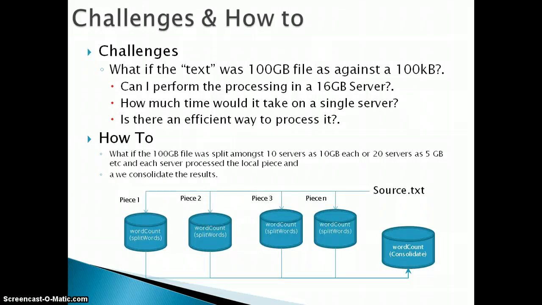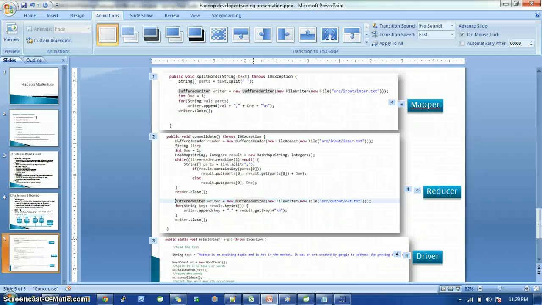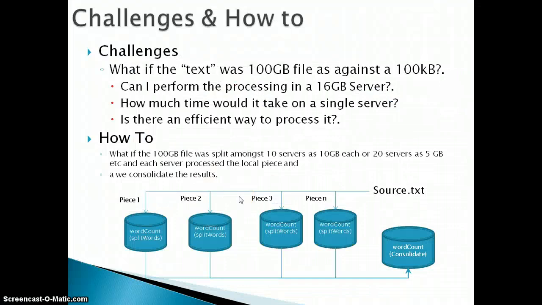The source file is split into multiple pieces and we run the split words method on each piece, which is 5 GB or less based on the number of servers you're considering, and take the output and run the consolidate on another server to achieve the final result.